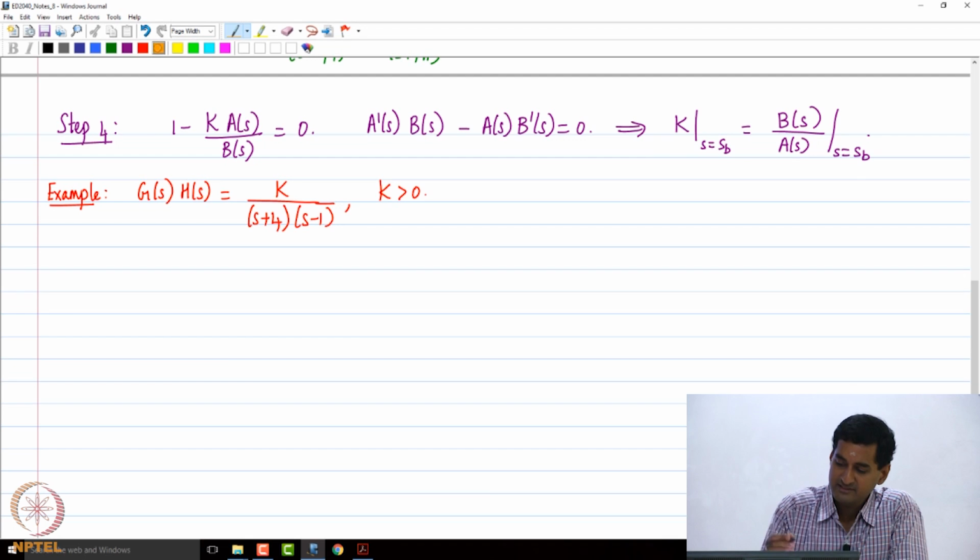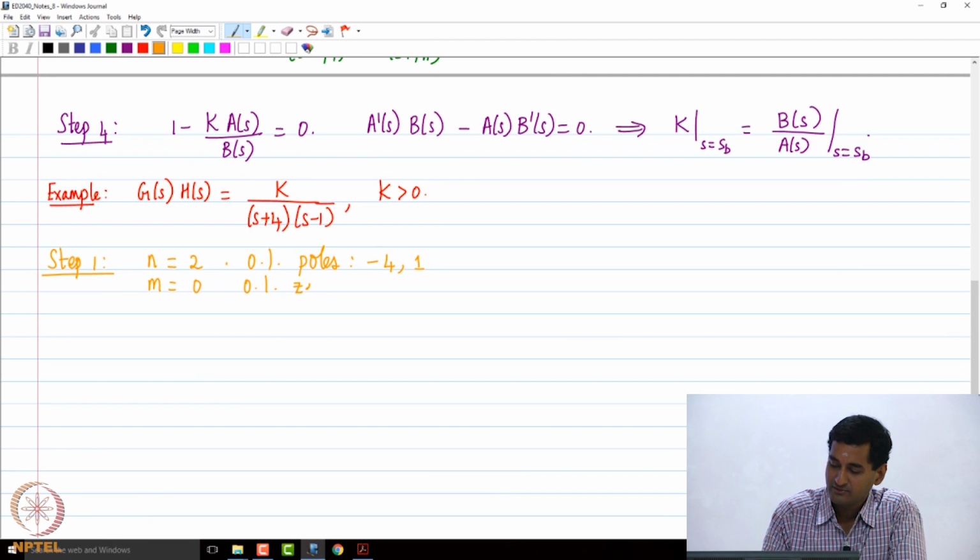Okay. So let's do all the steps in the construction of the root locus. The first step remains the same. There are 2 open loop poles, no open loop zeros. The 2 open loop poles are at -4 and +1.